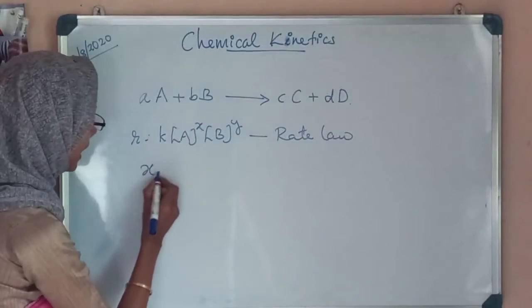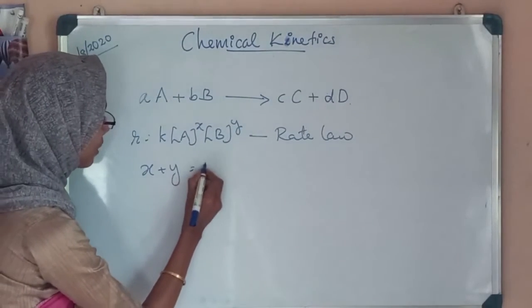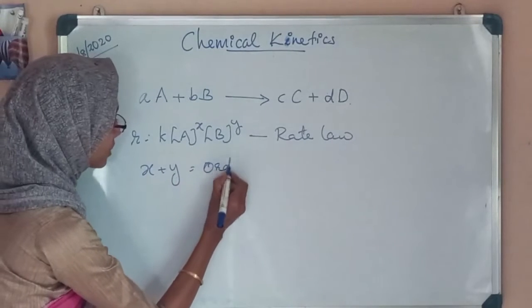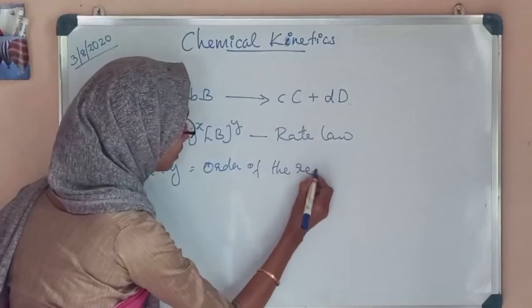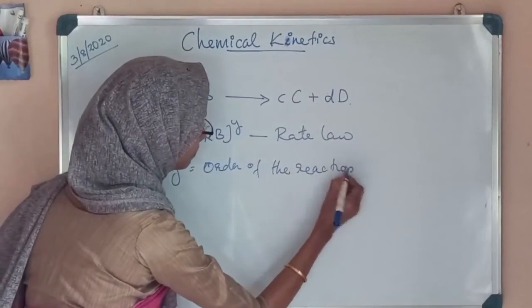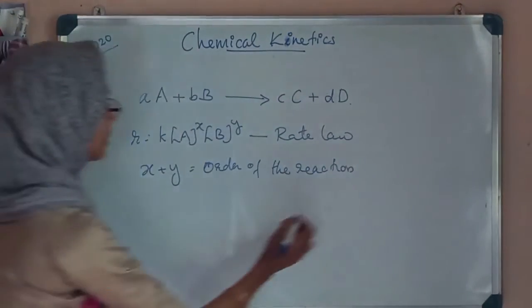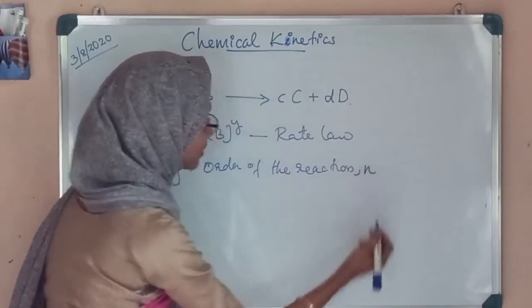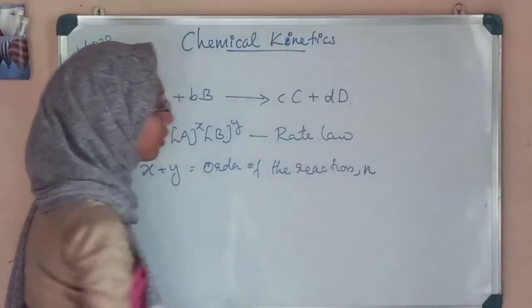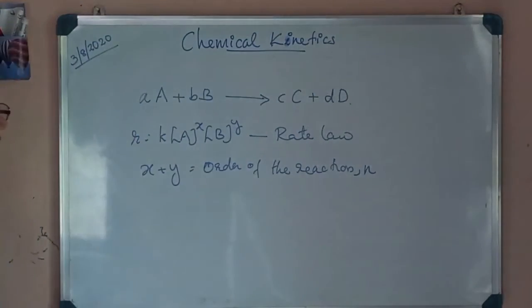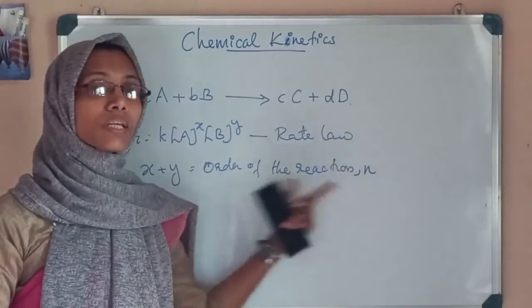The term x plus y is known as the order of the reaction. That is indicated with a small letter n. x plus y is known as the order of the reaction. How can we define the order of a reaction?